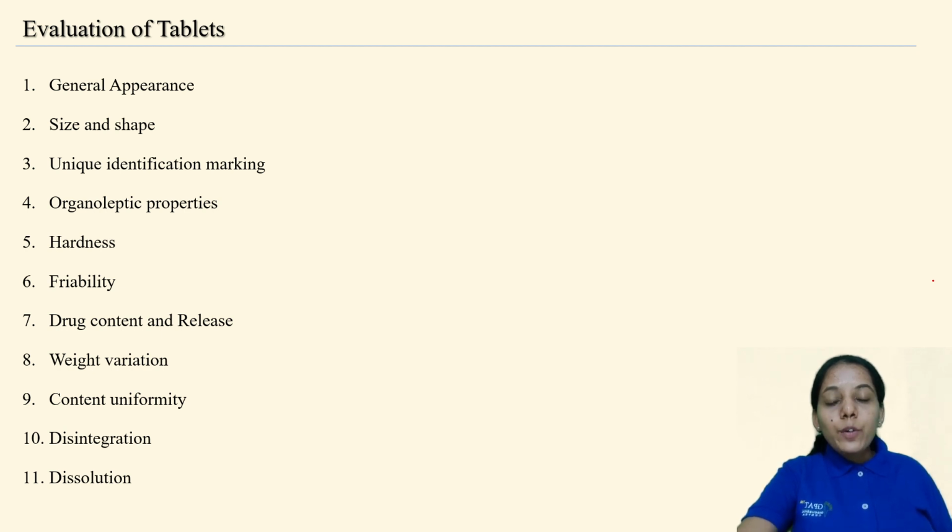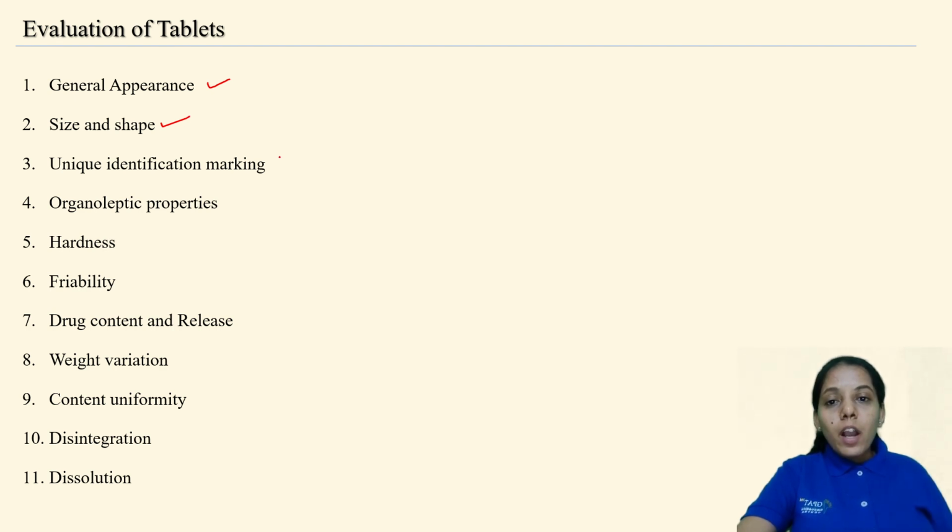Next we are going to see an important topic, that is evaluation of tablets. Whenever a tablet formulation takes place, we have to evaluate it for its appearance: how the tablet looks, what is the color, is there any odor. That is the general appearance. Then size and shape, that is important, whether it is round, oval, oblong, what is the size, because if the size is bigger, the patient may have difficulty in swallowing.